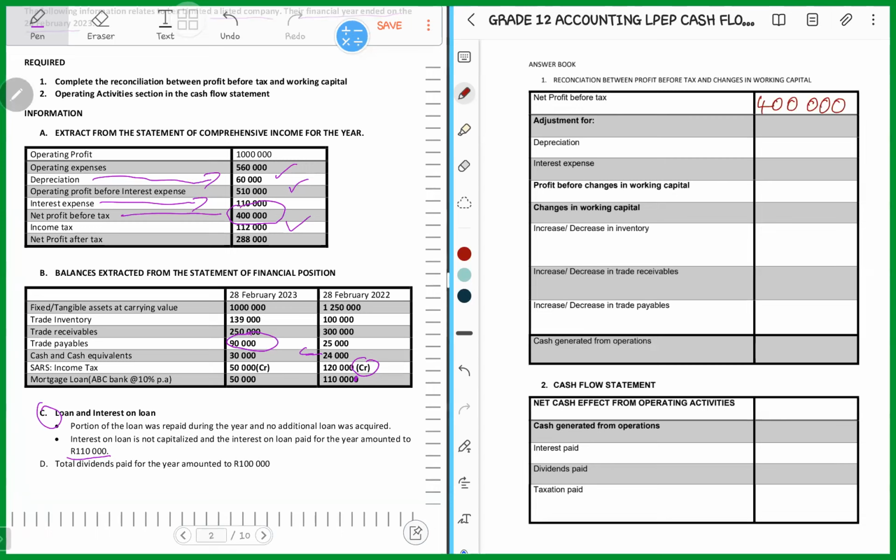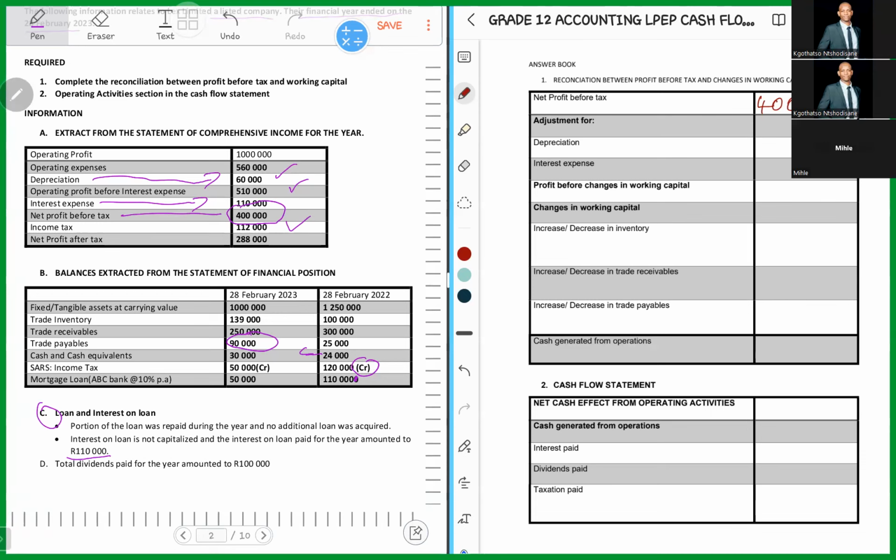Okay. Then again, we have to adjust our net profit before tax. We are going to add back the depreciation because the time we're preparing the statement of comprehensive income, we subtracted the depreciation. Now, since cash flow is dealing with cash items, cash paid or cash received, since depreciation is not a cash item, we have to adjust it, meaning that to remove it from our profit, we have to add it back.